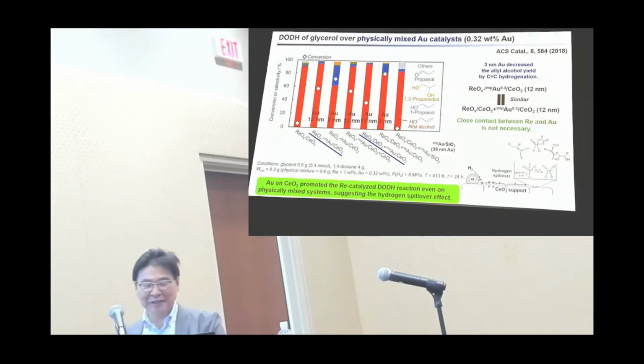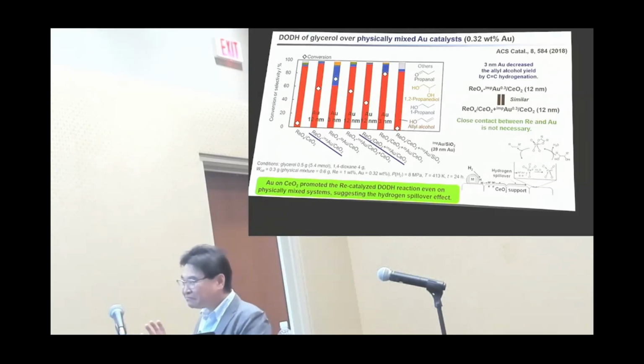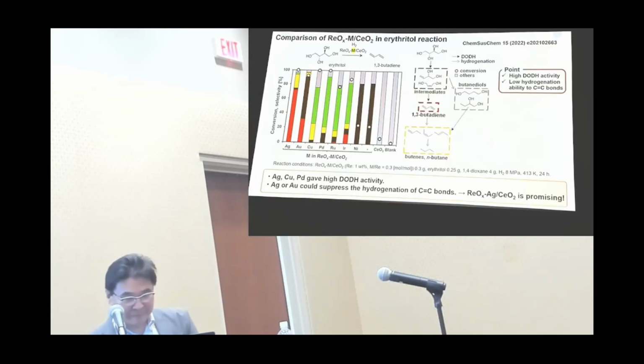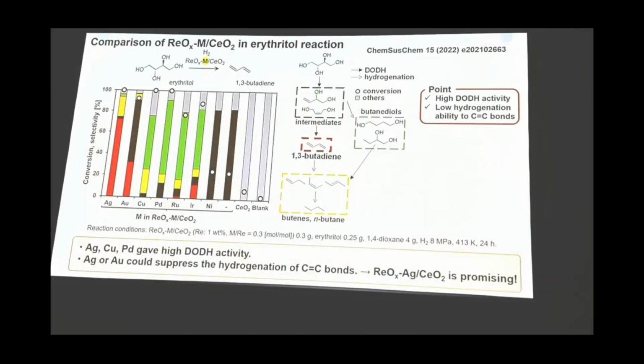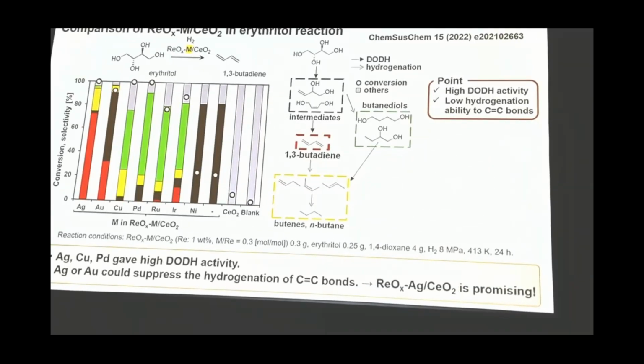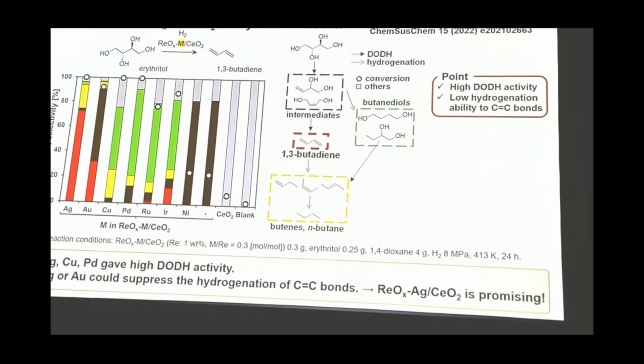Close contact between the rhenium and gold is not necessary. So that large gold ceria is connected to the lower catalytic activity. Therefore, we surveyed other candidates.